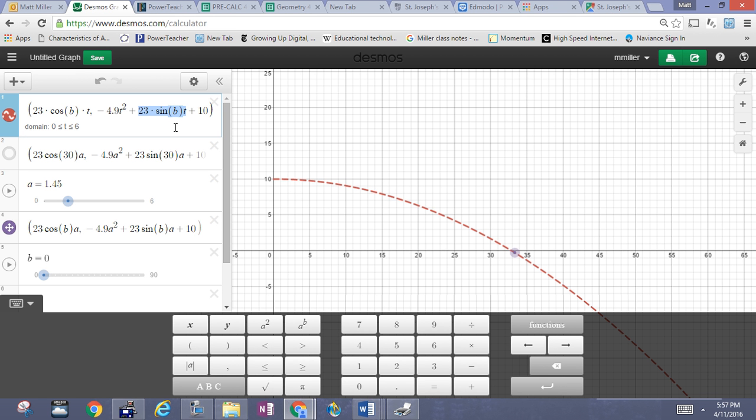which is effectively the same as if it were dropped from that height. So in other words, it spends as much time in the air going downward as it would going along this path.